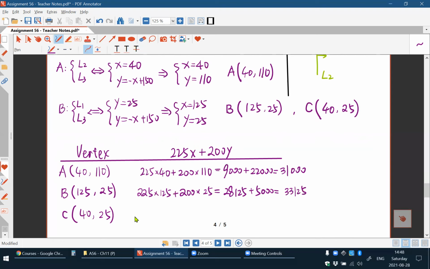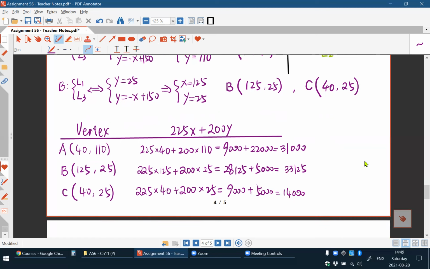And at vertex C it is 225 times 40 plus 200 times 25, which is 9,000 plus 5,000, which is 14,000, right? Okay, so now can you see which is largest?